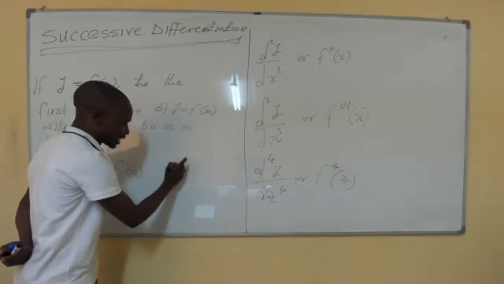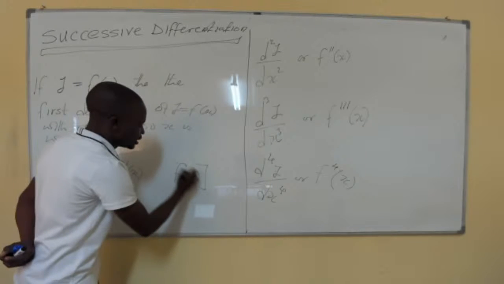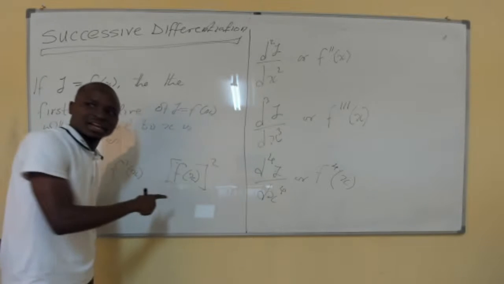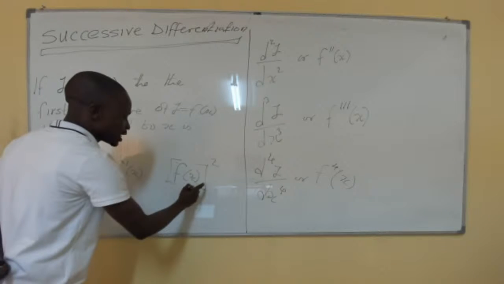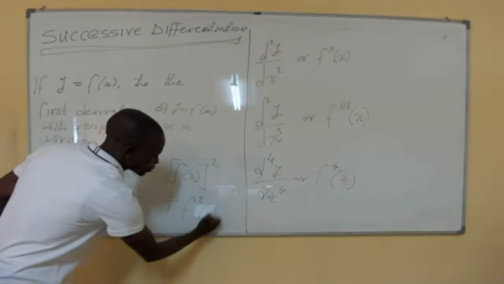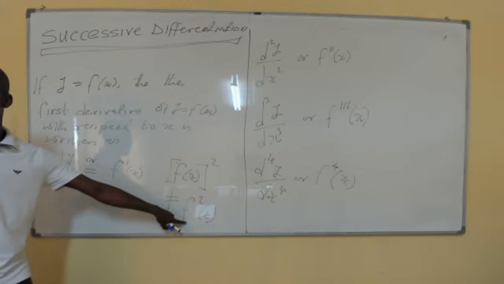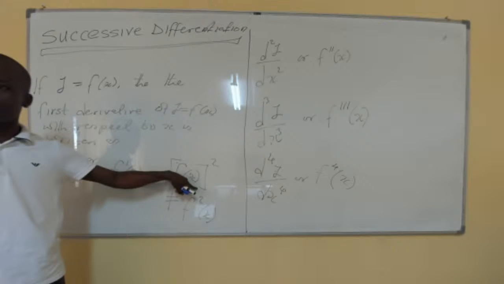When you write f squared of x like this, it means you are multiplying the given function by itself. This does not mean f2 of x, the second derivative. This means f of x times f of x.